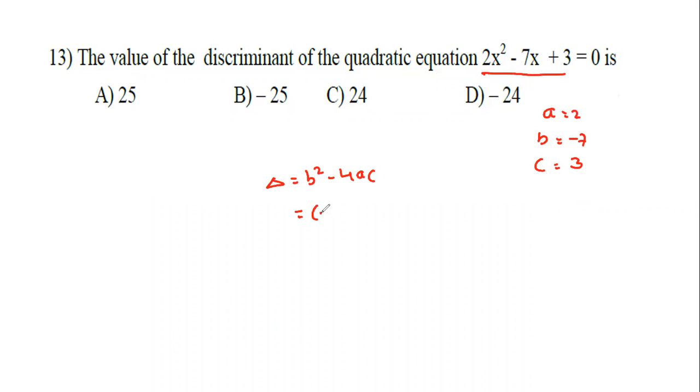The value of B is minus 7 whole square minus 4 into the value of A is 2 into the value of C is 3. 7 7s are 49 minus 4 2s are 8, 8 3s are 24. So 49 minus 24 is 25. So which option is right? Option A is correct.